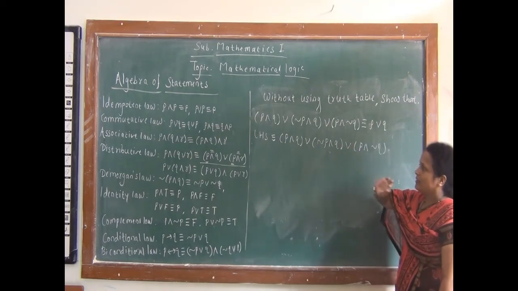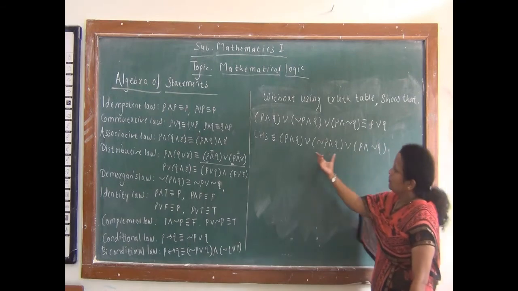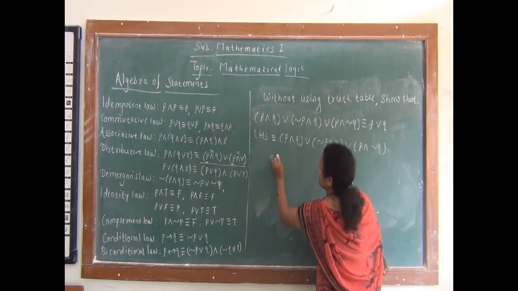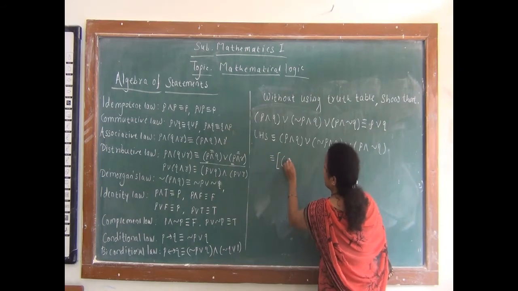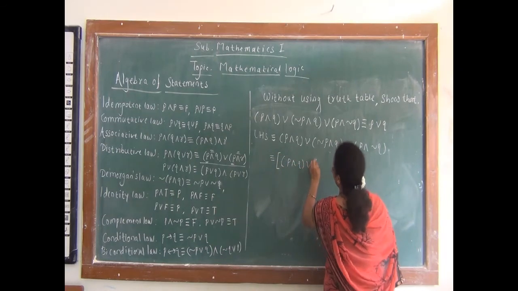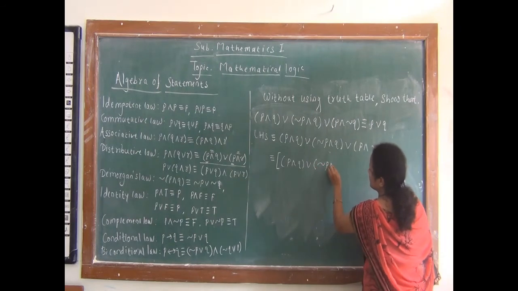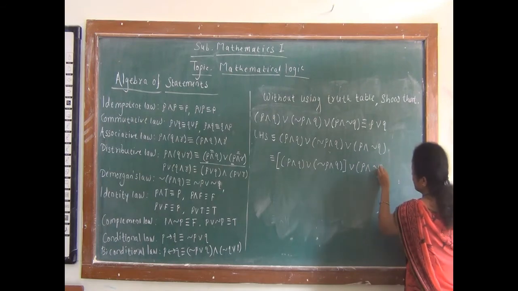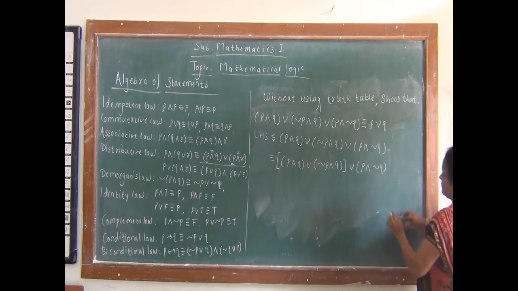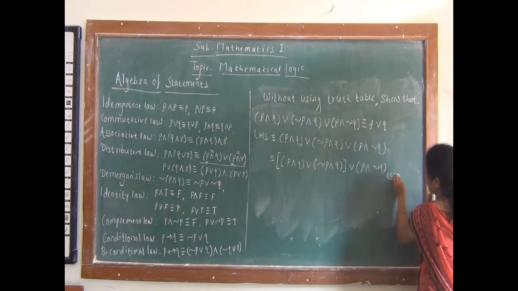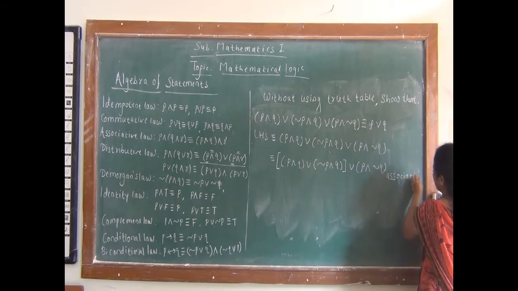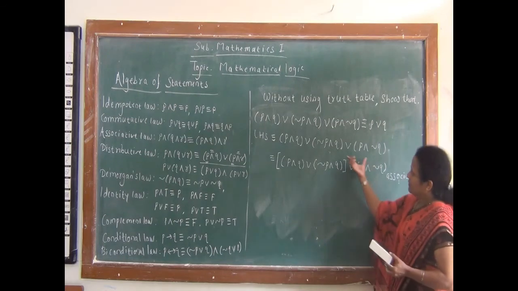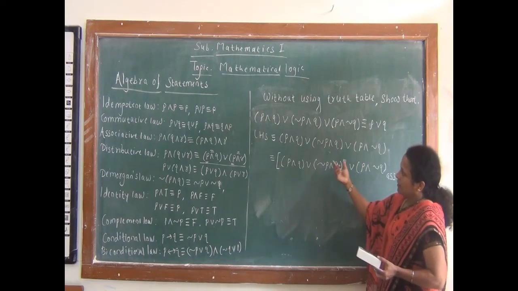So for our convenience, we connect these two brackets by using one lower bracket, that is closed bracket, and then we write these first two terms, and now we write third term as it is. So this is by using associative law. For our convenience, we take first two brackets. If you take these two brackets, then it is also correct.